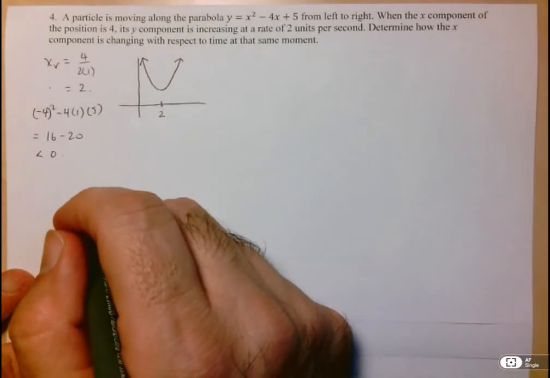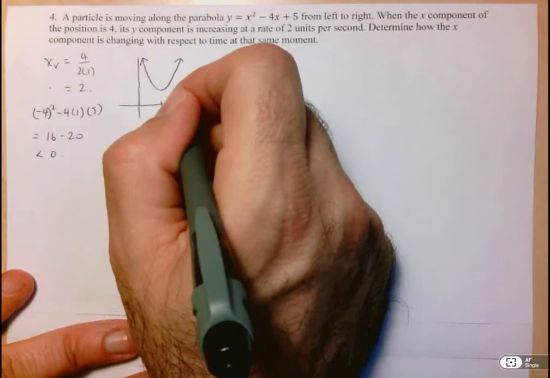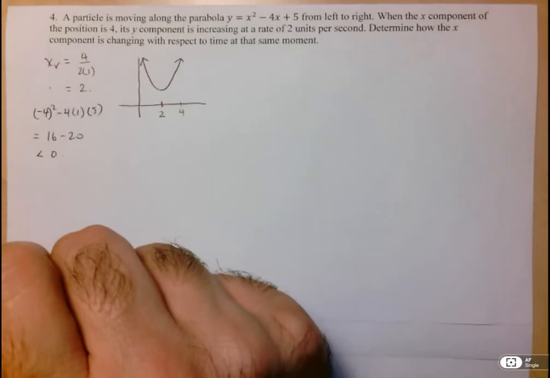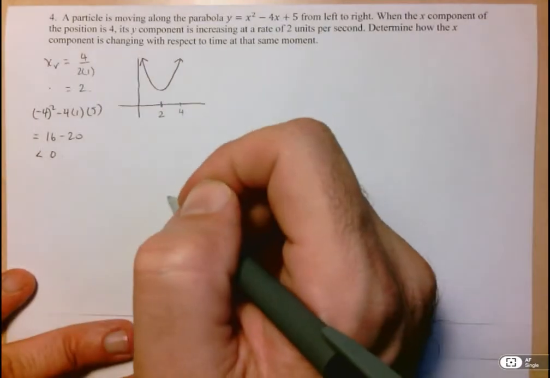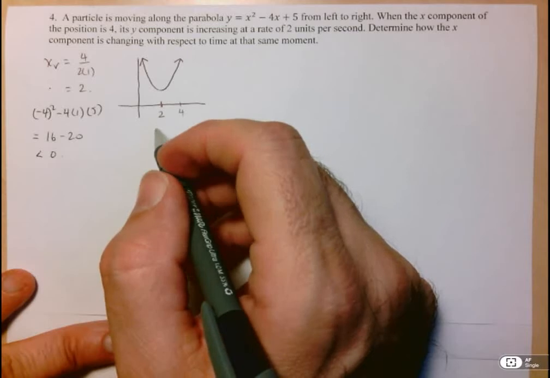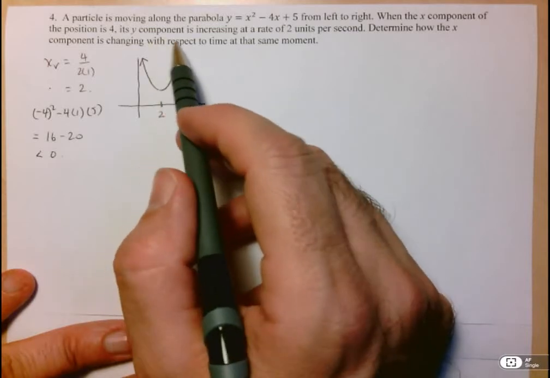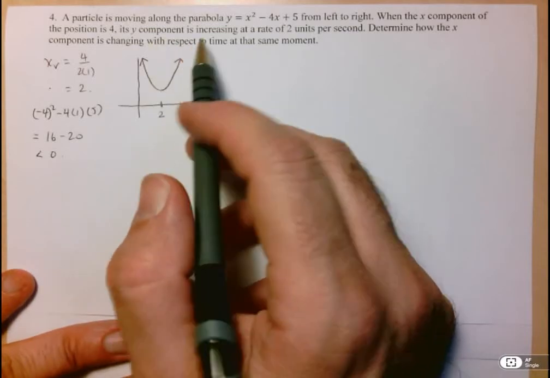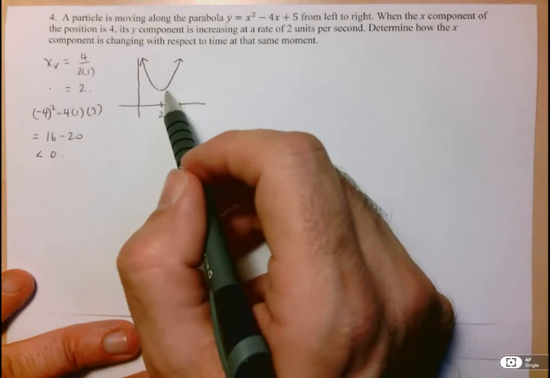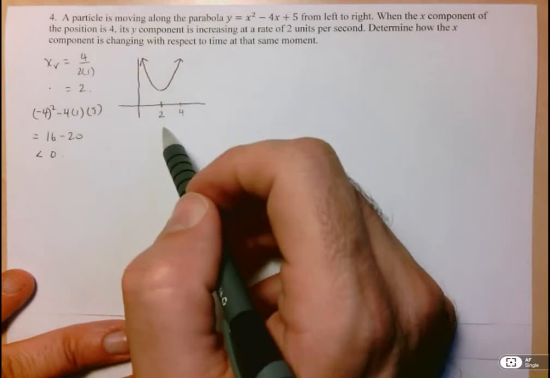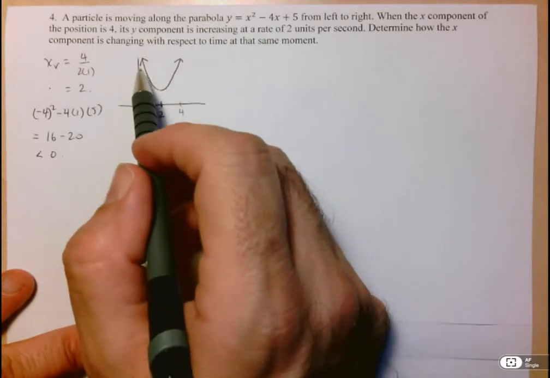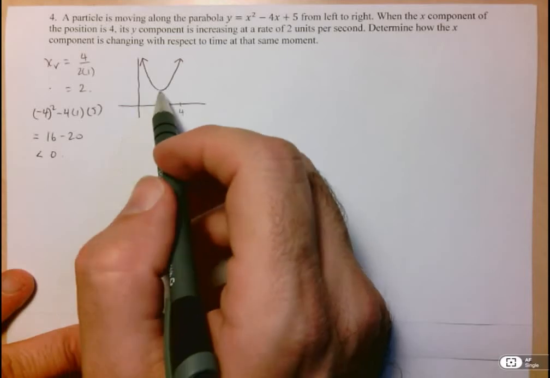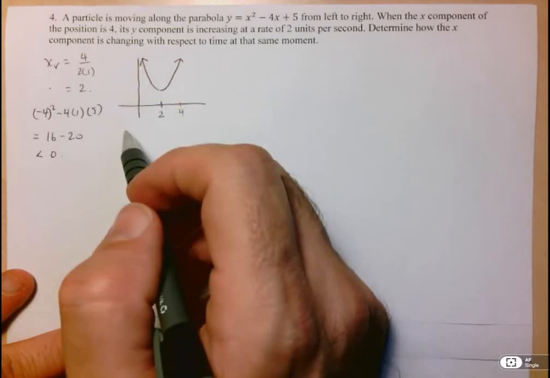What we're interested in is the rate of change of the x component at x equals 4, but I'm going to worry about that later on. Even before I start, they gave me a little hint that the value 4 was going to be after the vertex, because they say the y component is increasing at a rate of 2 units per second. If it was to the left of the vertex, it would be decreasing at a particular rate.